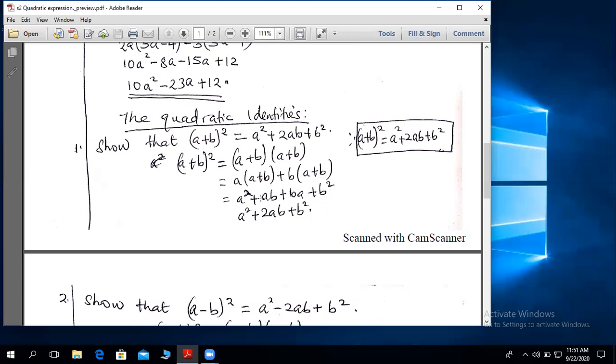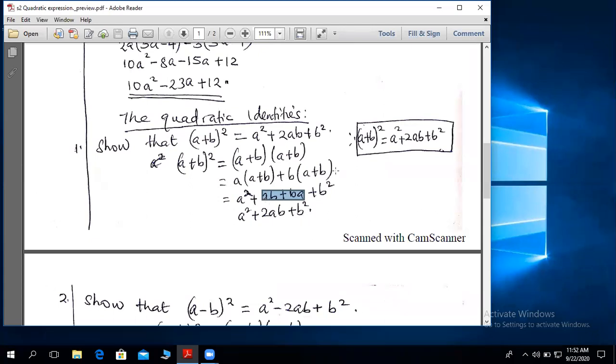But now, when you observe properly, ab and ba, there is no difference, they are the same. So we add them together and we shall get a squared plus 2ab, then plus b squared.